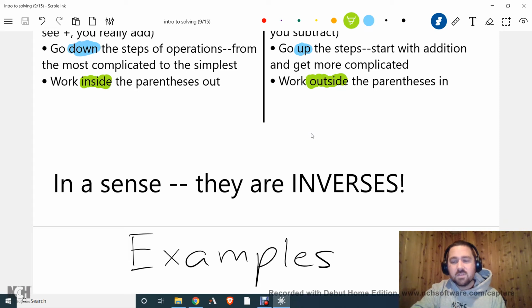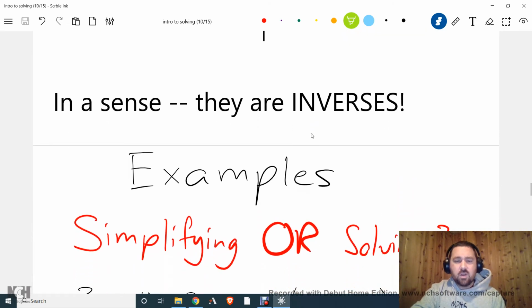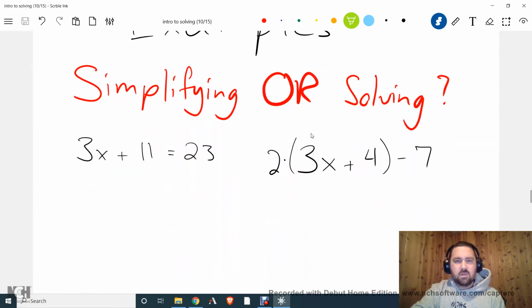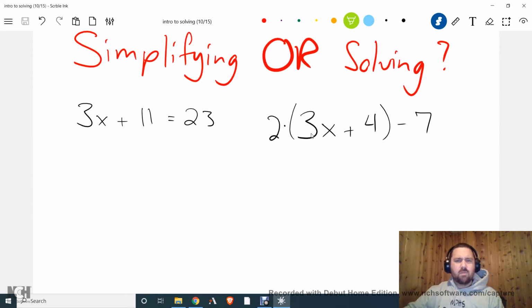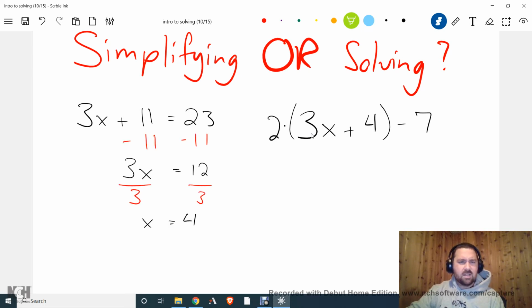Okay, let's look at some examples where we're going to try to determine if we are simplifying or solving. So here we have 2 examples, one on the left, one on the right. Are we going to be simplifying or solving if we're doing the math of the steps here? Let's look at what this person did to do their work. Okay, so here I can see a couple things really quickly. Here we have an equal sign.